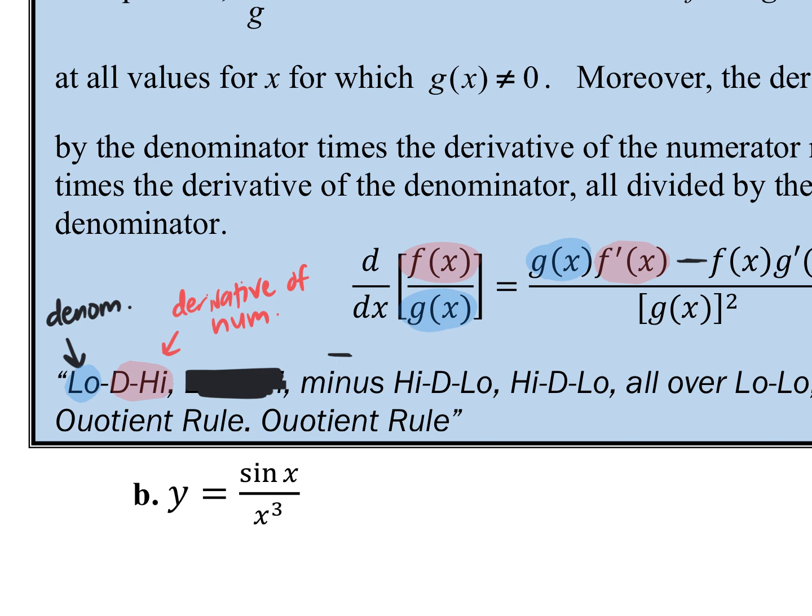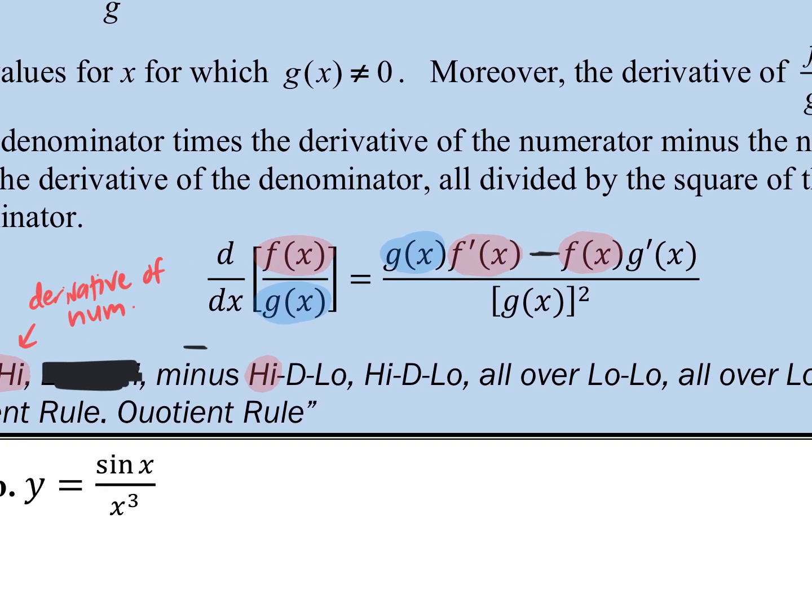So high is our numerator, or our f of x function. And then D low stands for the derivative of the denominator. And then we need to cross out this second high D low. There's only one high D low.